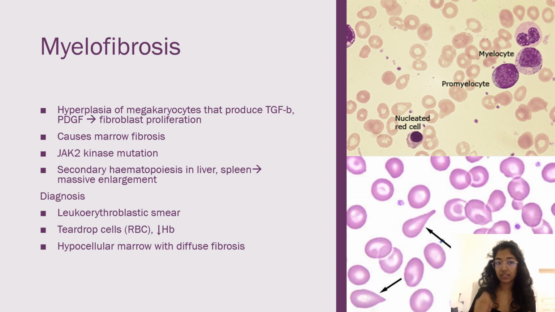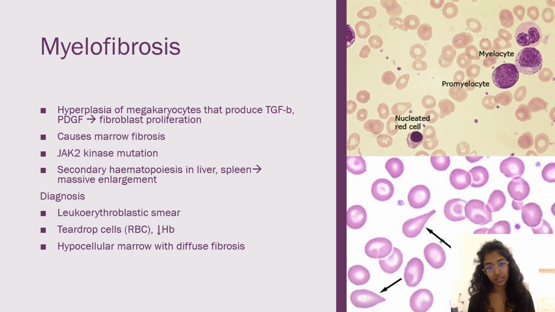Whereas in the case of myelofibrosis, your bone marrow is not able to produce blood cells anymore. Instead, this function is taken over by your secondary hematopoietic organs. In the liver and the spleen, you don't have the presence of the reticulin gates, and as a result, there is no gatekeeping mechanism that prevents the release of immature cells into the blood. Therefore, you will have the presence of the leukoerythroblastic smear.